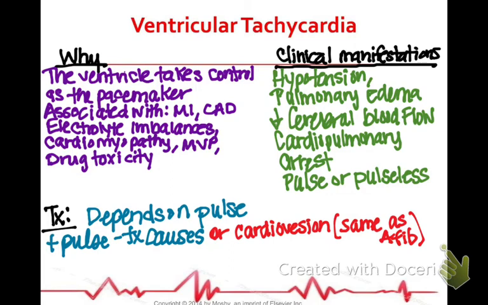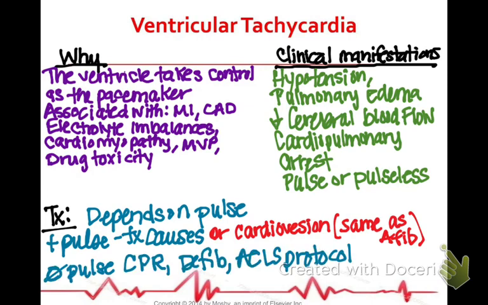And you cardiovert. I think what gets confusing for people is that when they have a pulse, they cardiovert, so lower joules, but when they don't have a pulse, you may defibrillate. Just think, if they don't have a pulse, you're going to start CPR and ACLS protocols, which means shock them.